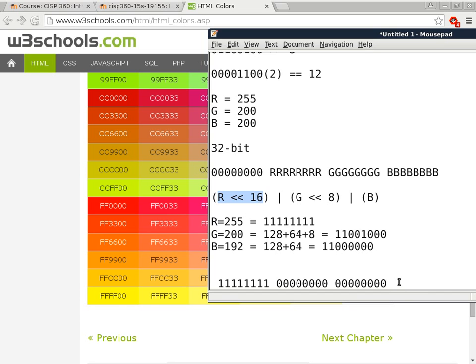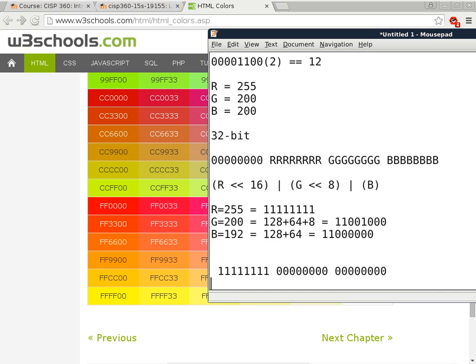And the next one, I'm just going to use a bitwise OR here to mean it is bitwise OR. The next one is green. Green is this particular bit pattern, and it is left shifted 8 times. So that means we will have 11001000 followed by 8 zeros here. Are we doing okay so far?